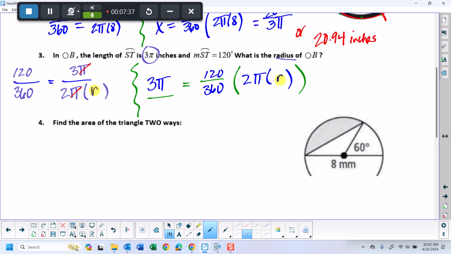If I do cross products, that gives me 2r times 120 is equal to 360 times 3. You can solve for that r. That's not hard. If I have the same value being multiplied on both sides of an equation and no addition or subtraction signs, I can go ahead and divide by pi and have that be my first step.